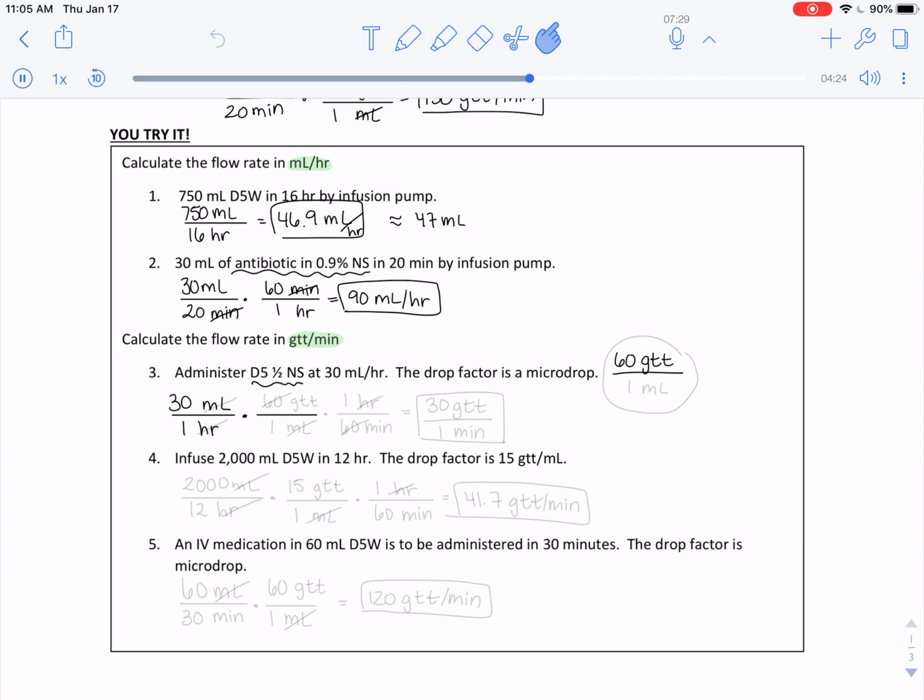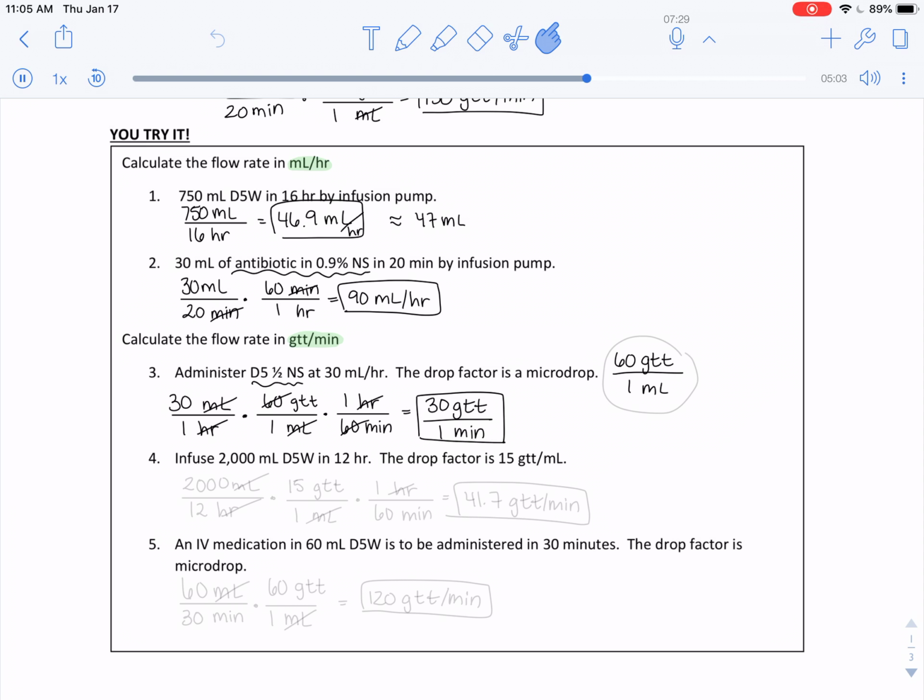So we will put that here, 60 drops per 1 milliliter. And then we need 1 hour is 60 minutes. So hours cancel, milliliters cancel, even these 60s cancel, so that we get 30 drops per 1 minute.